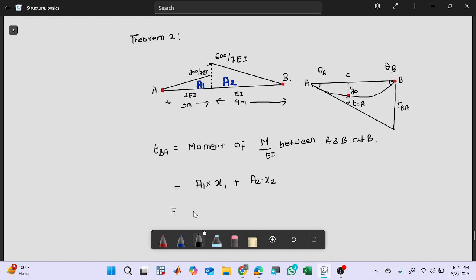So what is this A1? This A1 is 1 by 2 into 3 into 300 by 7 EI. And what is this X1? X1 for triangle. So let's just see the distance. What is this value?